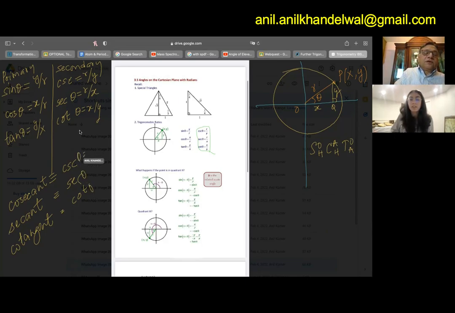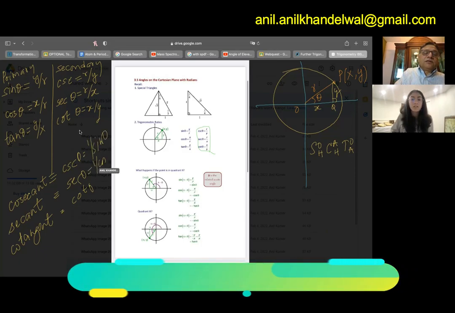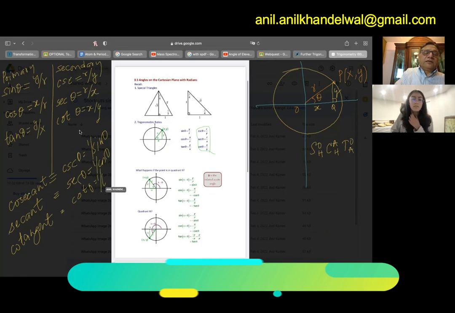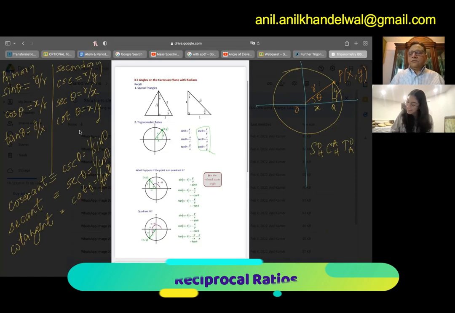So cosecant is 1 over sine theta, secant is 1 over cos theta, and cotangent is 1 over tan theta. Is that clear to you? Yes. So the calculator has 3 primary trigonometric ratios. You have to take the reciprocal of those to get the secondary trigonometric ratios, right? Unnecessarily, why should we have so many keys, correct? No need. Does it make sense?